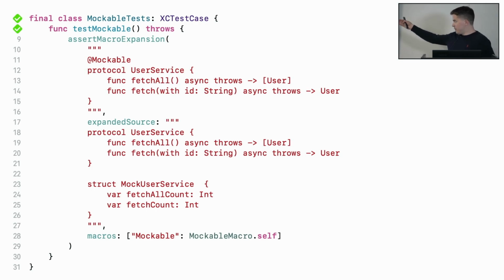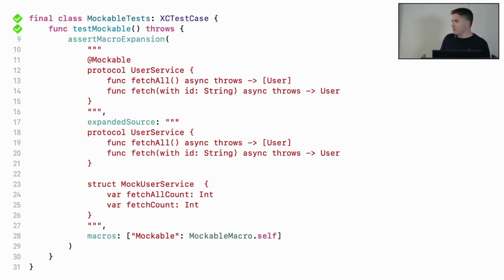And here's a test for a macro. Macro tests operate on string literals. You basically write your macro usage code on the top, and on the bottom you write the expected expansion. If you imagine writing the bottom part with your hands is really cumbersome, especially with a complex big macro where you have like 20 unit tests.